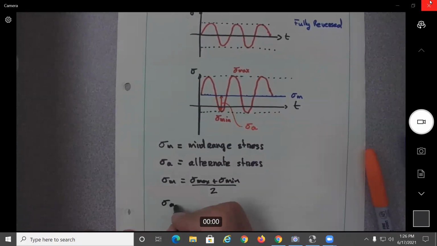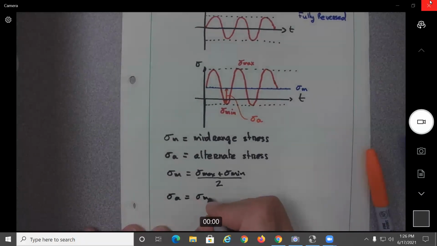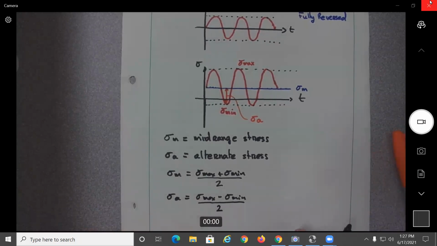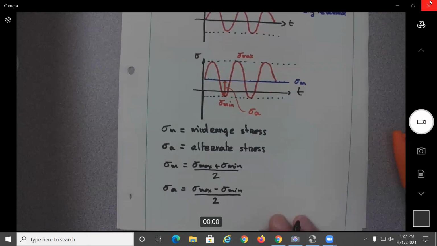And the alternate here, we have a value of sigma max, so this is from the figure, minus sigma min, divided by 2. Okay.